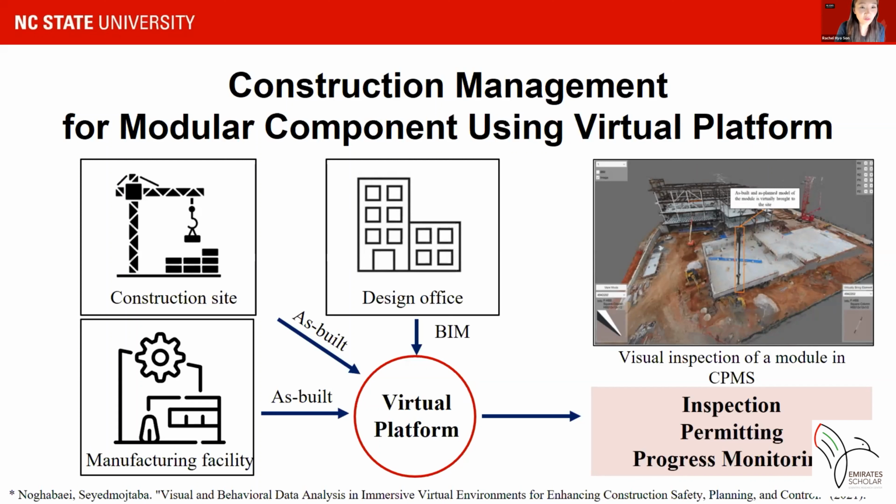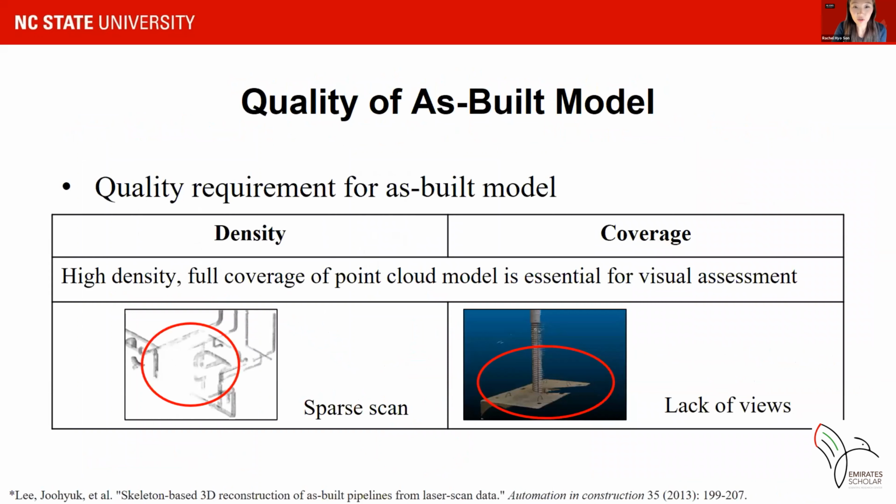The right side of the figure shows a snapshot of the visual inspection of the module in a virtual environment. To conduct the visual inspection in a virtual environment, visual data requires quality. The quality factors are density and coverage, which means the visual data must be dense and complete.